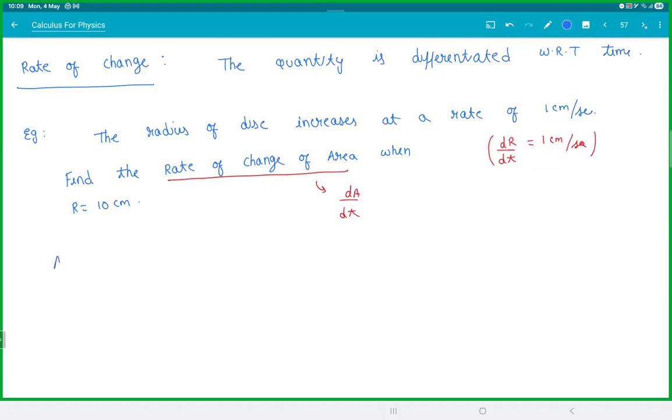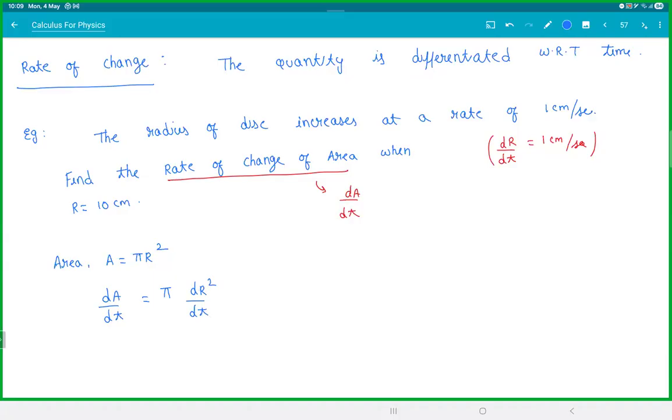So first thing, area of the disk, let it be A, which is pi r square. And you want to differentiate with what? You want to differentiate with time. But here area is depending on what? r. So when I differentiate dA by dt, now listen carefully here. Pi is a constant, comes out. This is d r square by dt.